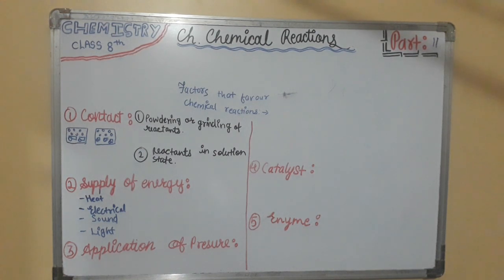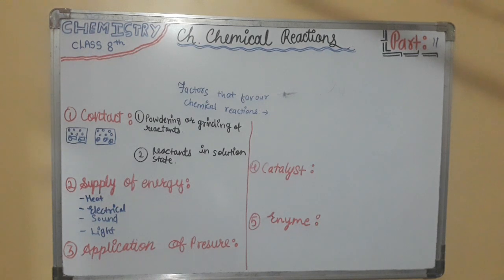Third is application of pressure. When reactants are subjected to pressure, the reacting molecules agglomerate. Increase of pressure also results in more number of collisions among reactant particles, resulting in more product formation.